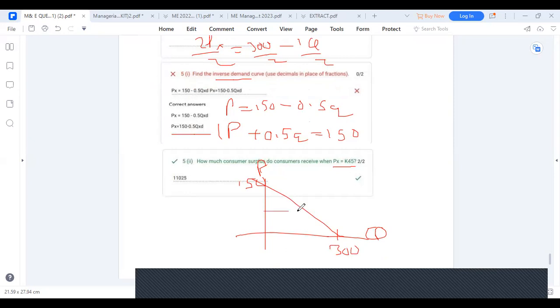And the price is 45. We put 45 there. What did we find as our quantity here? 210, isn't it? And you calculate the consumer surplus, which was 11,025. So the 210 times the distance from it here is what? 105. We did this question in the previous section.